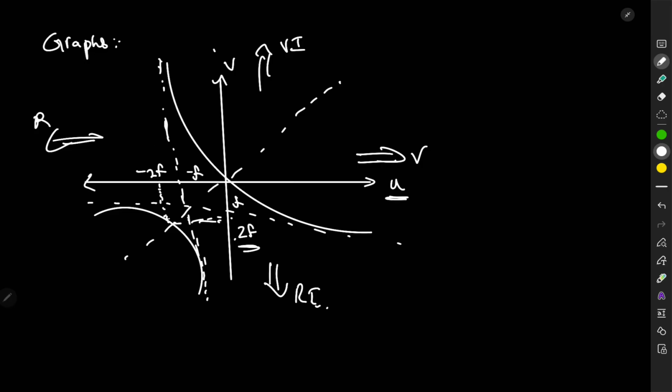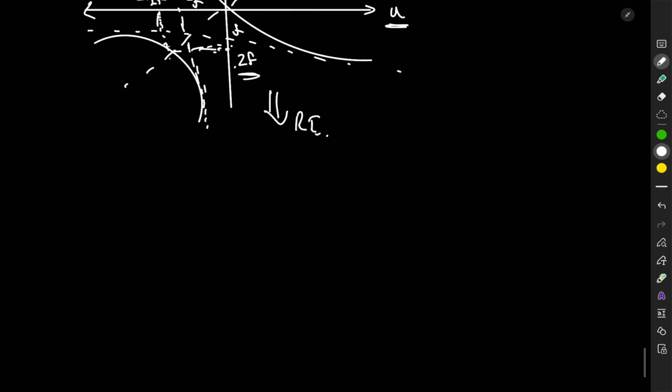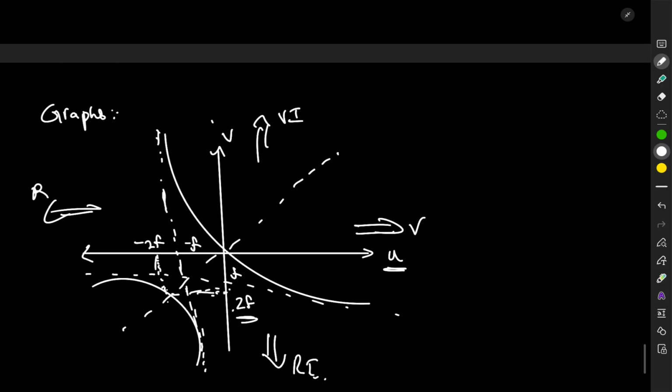Done. That's what has been written here. See, I think it is too complicated to understand. Just remember it, that is more than enough. Fine. So similarly, this is for concave. Now let me draw for convex.